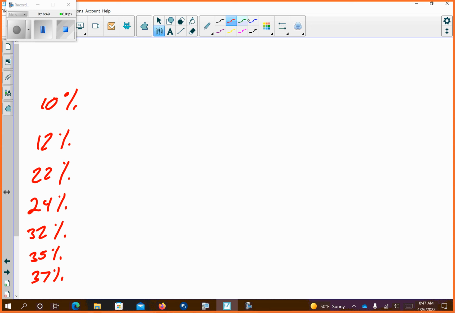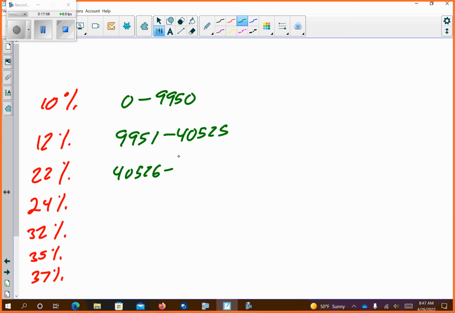So that's basically all the levels, and if you make from 0 to 9,950, if you make from 9,951 to 40,525, we make from 40,526 to 86,375. We make from 86,376 to... this is how much you make a year.